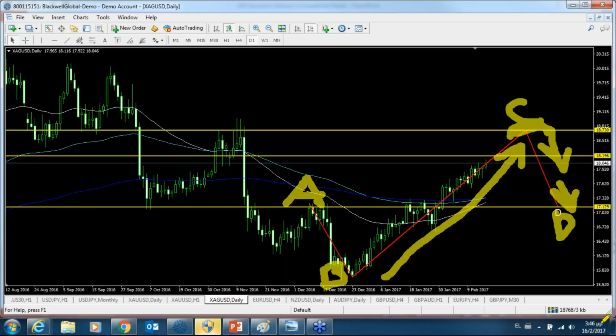D area here. Like I've mentioned, I am not a fan of trading in a higher risk environment. So I find that trading B to C may be a bit higher in risk as opposed to C to D. So I will only trade the C to D move, okay? C to D to the downside.